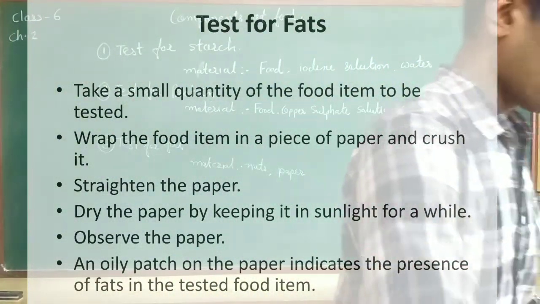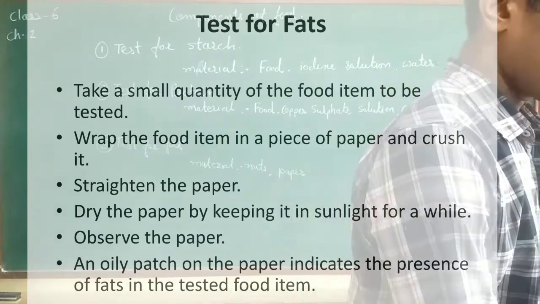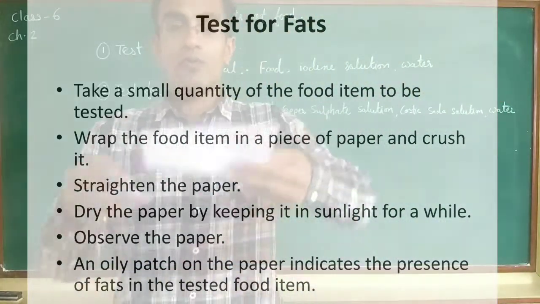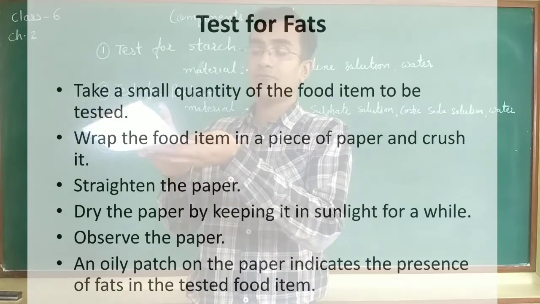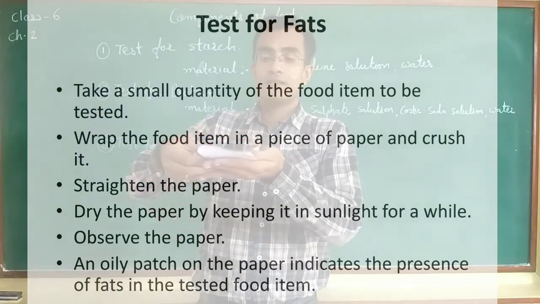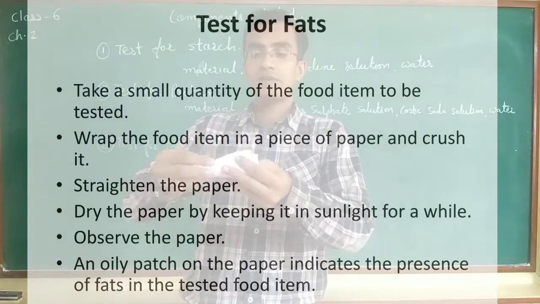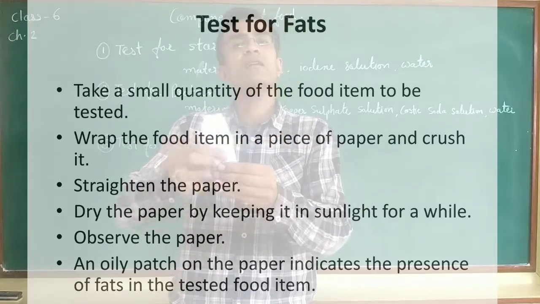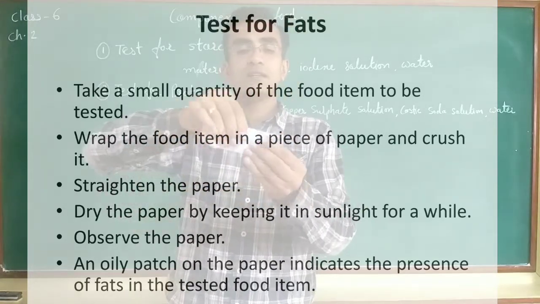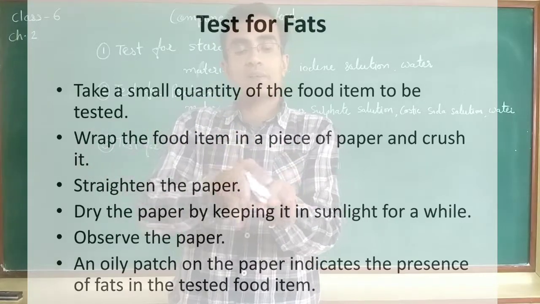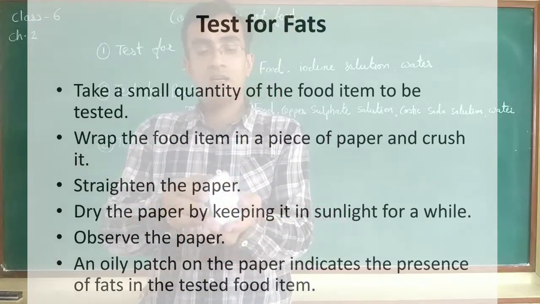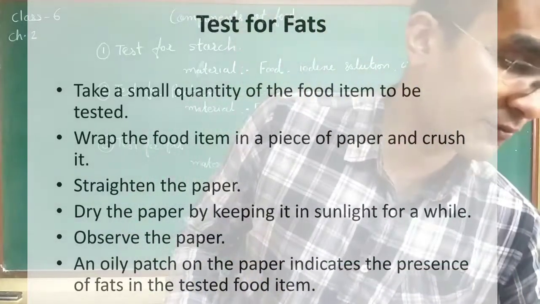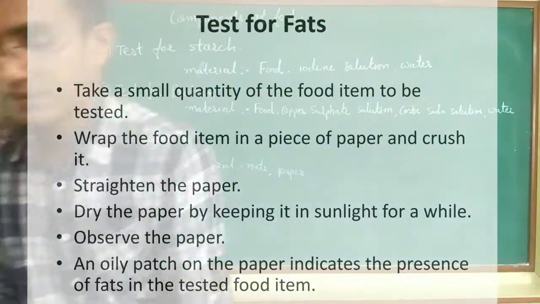Say, for example, this is the rice flour we have taken. We'll fold it and rub it for a while. We'll push it and rub it so that we can know the presence of the fat. So this is the first sample, and the nuts one.